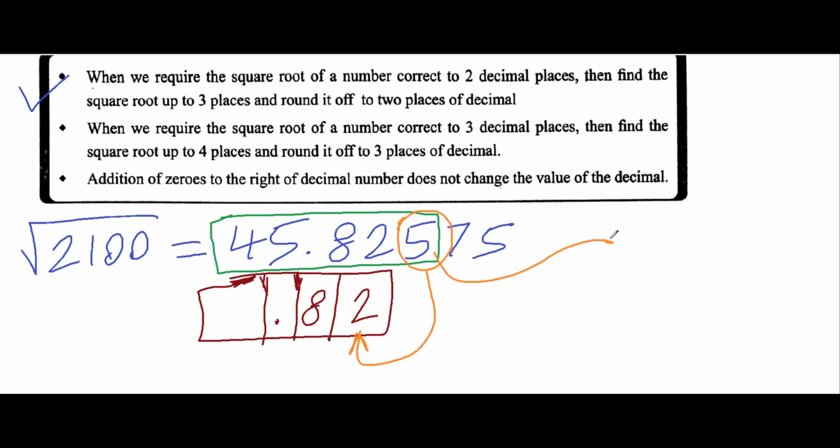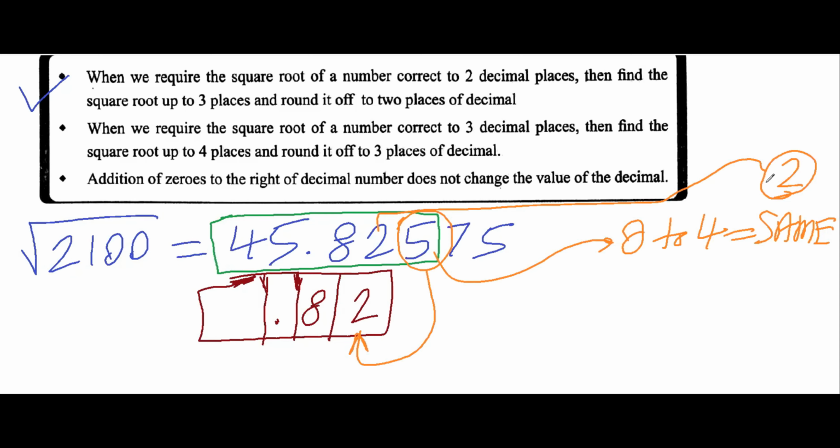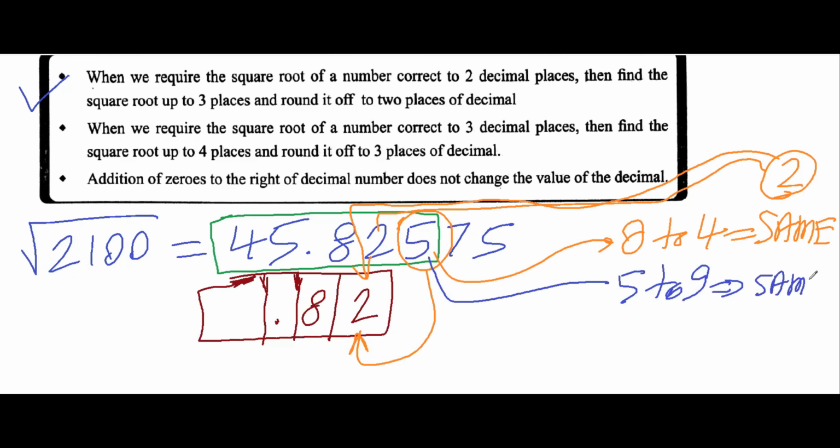If this digit is between 0 to 4, then the same number will come, which is 2 here. But if this digit is between 5 to 9, then it will not be the same number, but the same number plus 1.